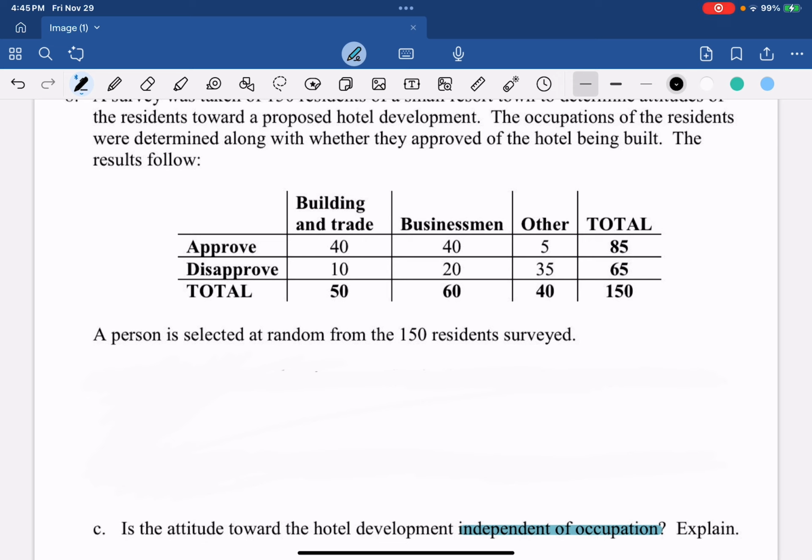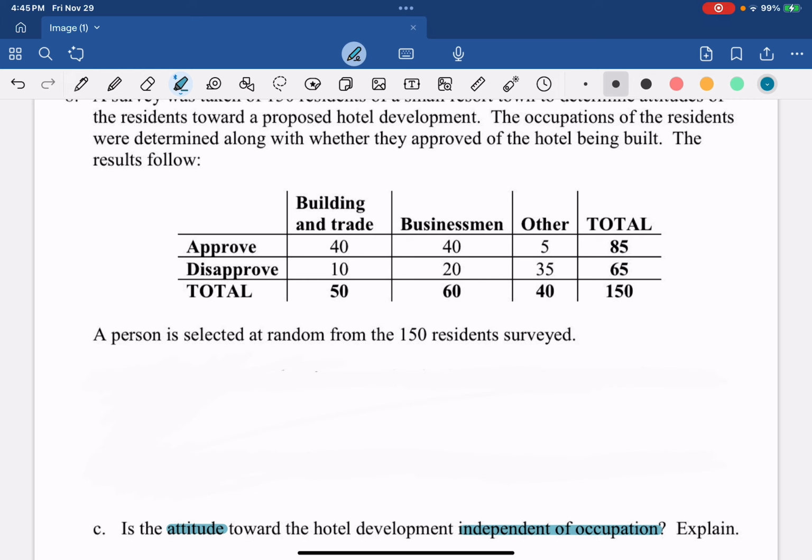And for the two events, which are the occupation and the attitude, which we've already have right here, to be independent, the probability of their intersection has to be equal to the product of their individual probabilities.